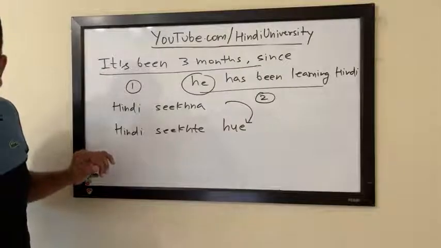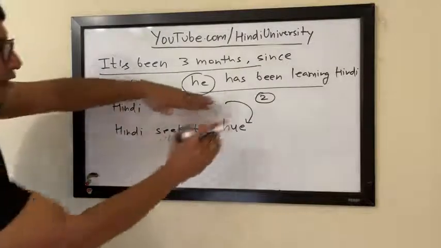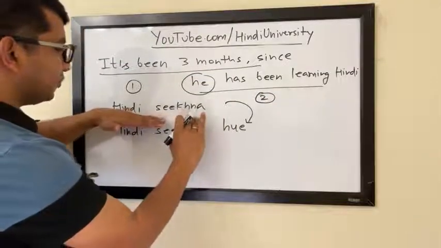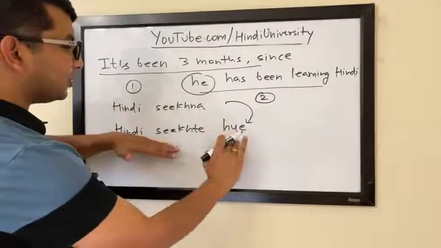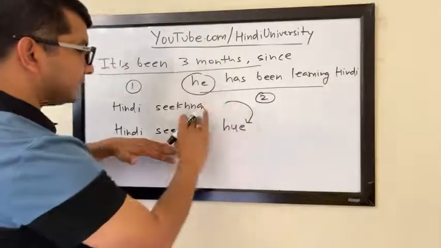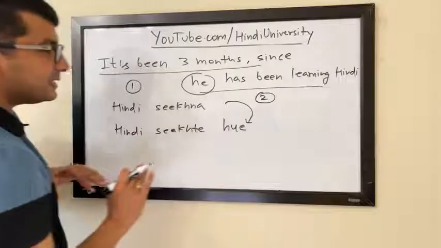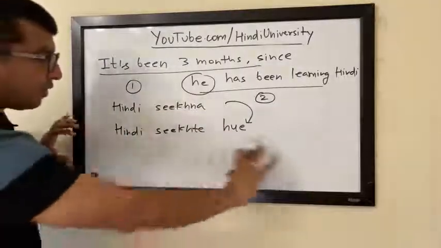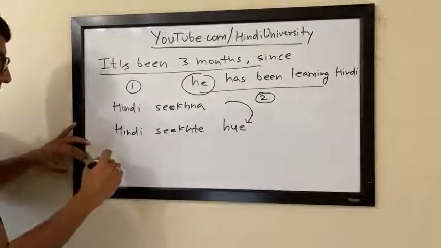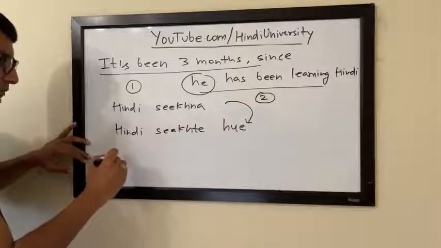Sorry, Ashu Ji, can you please repeat the question, please? So now we are on part 2, right? So right now we have deconstructed the verb: Hindi seekhte hue. The base verb is to learn Hindi, Hindi seekhna, but we have Hindi seekhte hue. In which order will you say he has been learning Hindi? So you will have a subject, right?